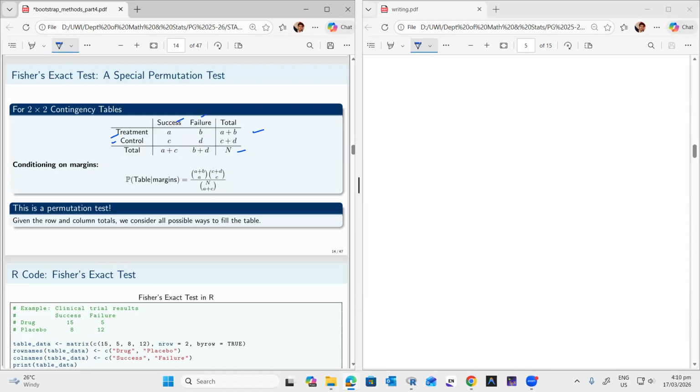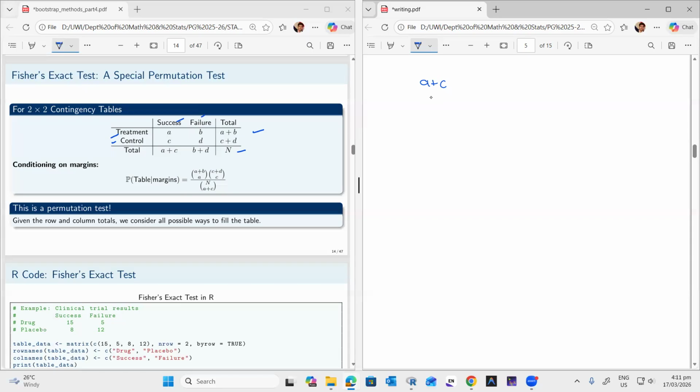Why is it a permutation test? Under H naught, the A plus C successes are equally likely to be any subset of the N subjects. Permuting the table labels, treatment and control, while keeping the row and column totals fixed, leads exactly to the hypergeometric probability.